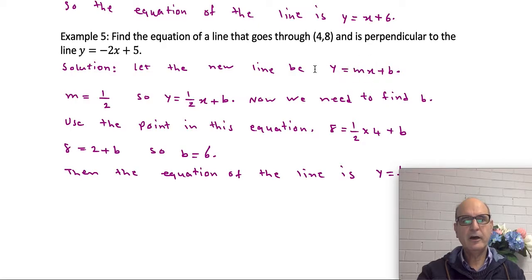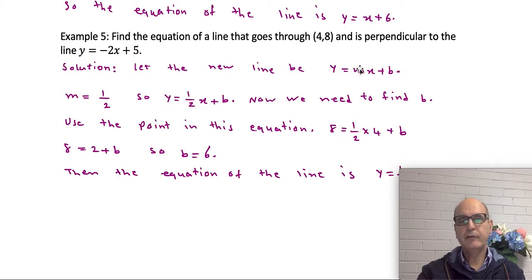This line needs to be perpendicular to this, and because they are perpendicular, the gradient m must be the negative reciprocal of minus 2. I can write it as minus 2 over 1. Then I flip it to become 1 over minus 2 and change the sign, so it becomes 1 over 2.